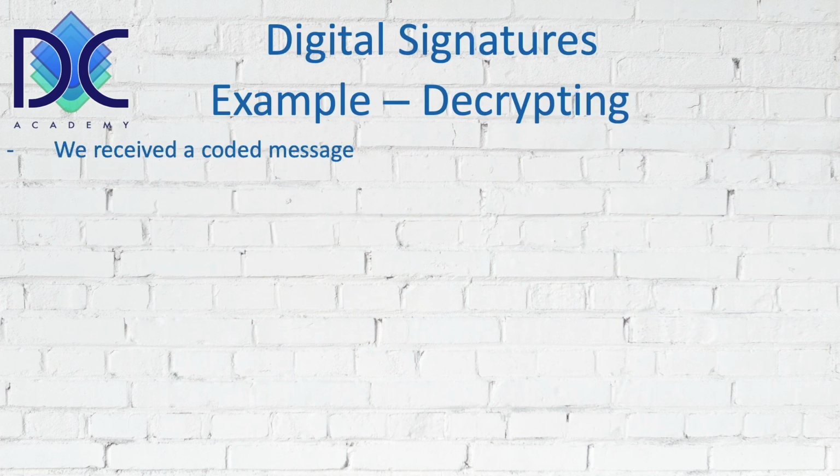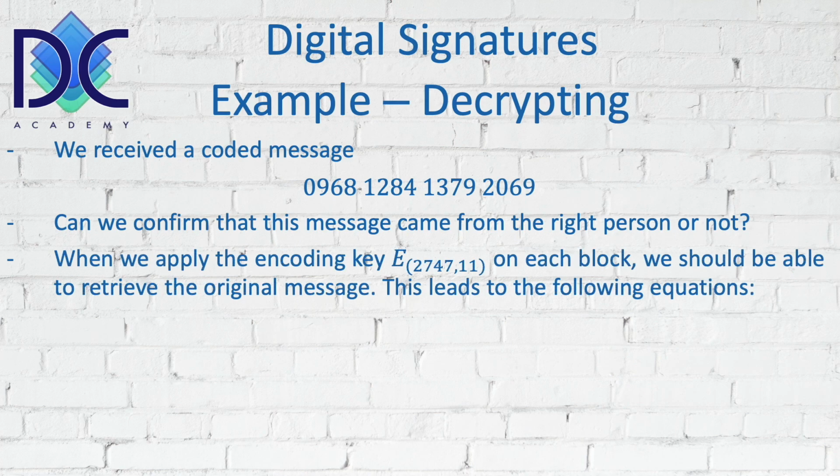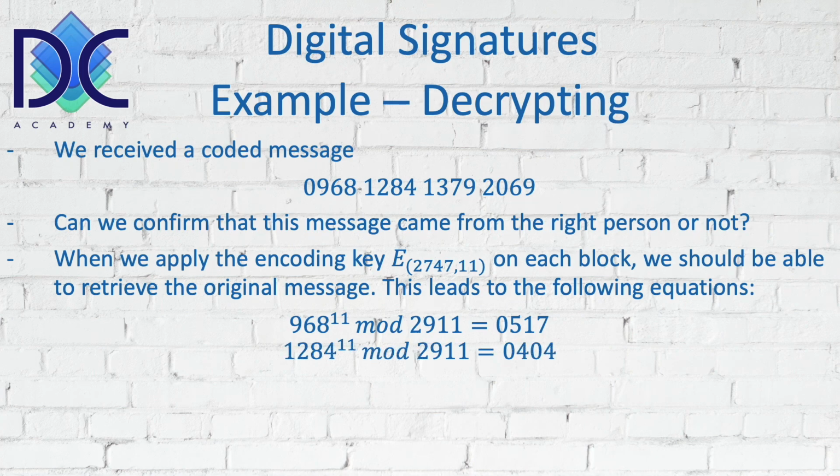Now what we're going to do is we receive the coded message 0968 1284 1379 2069. So we want to know if this message came from the right person or not. When we apply the encoding key on each block, we should be able to receive the original message. And this leads to the following equations: 968 to the power E modulus 2911 is 0517.